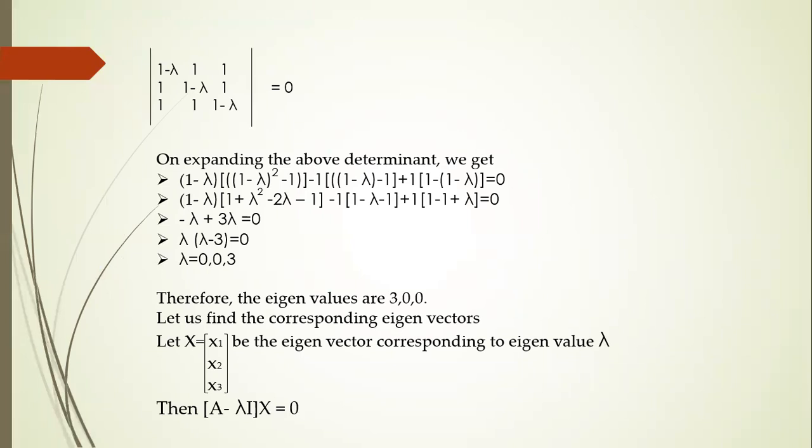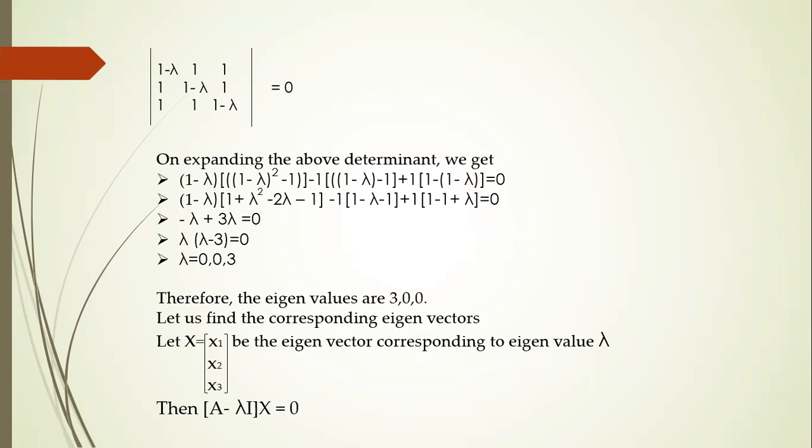Moving on to the next slide. The determinant of the matrix with rows (1 minus lambda, 1, 1), (1, 1 minus lambda, 1), (1, 1, 1 minus lambda) is equal to 0.